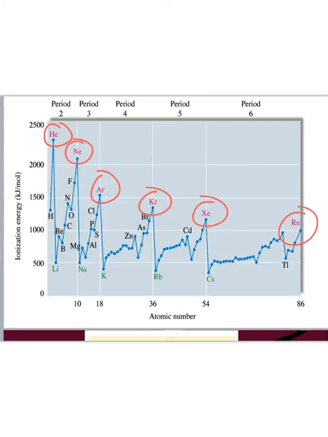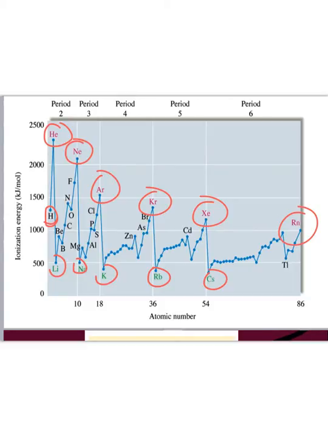And then let's look at the bottom here. What do you notice about these elements? All of those elements are found in group 1, right? Group 1. Those are your alkali metals.